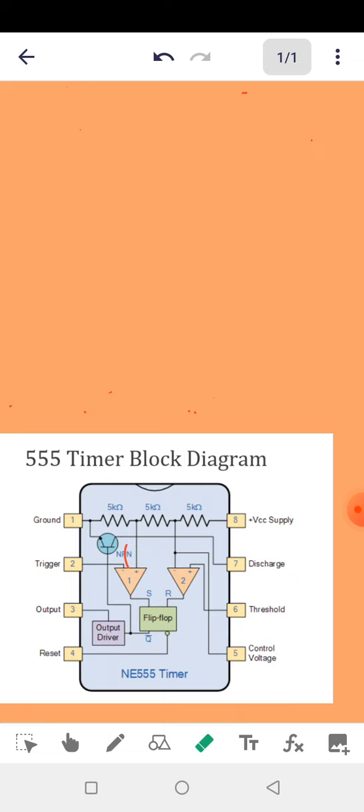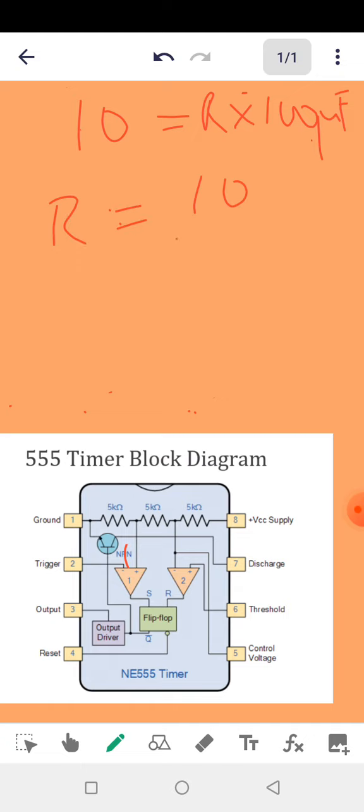So I will have 10 is equal to R times 100 microfarad. Then my R will be 10 all over 100 microfarad.